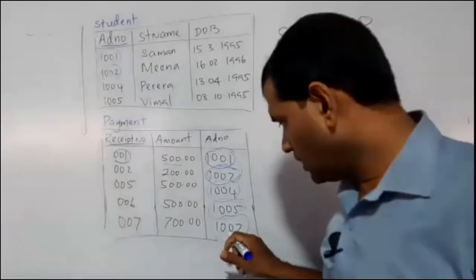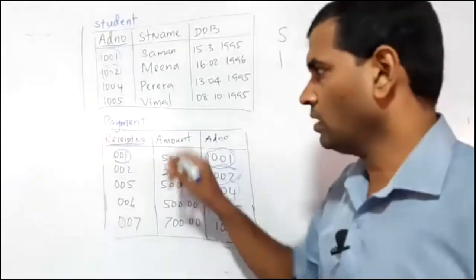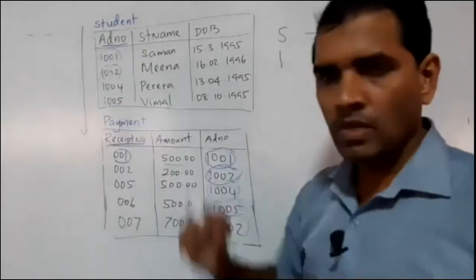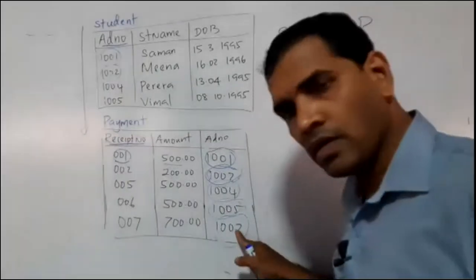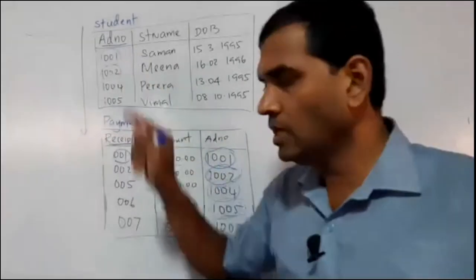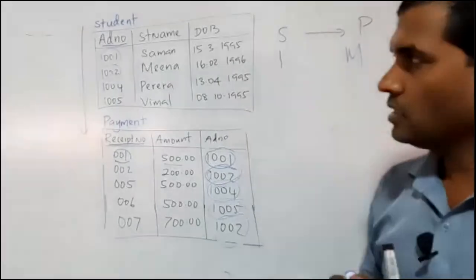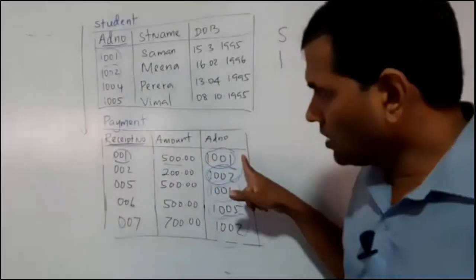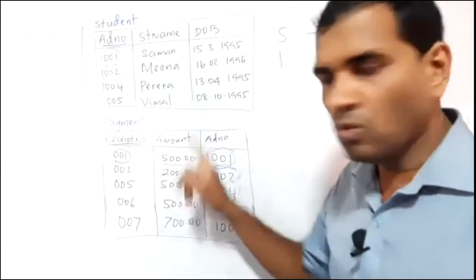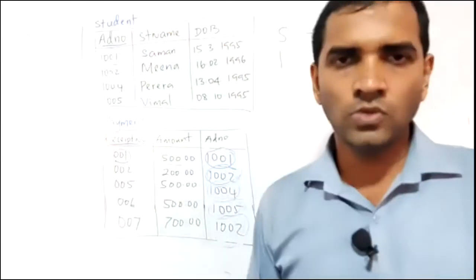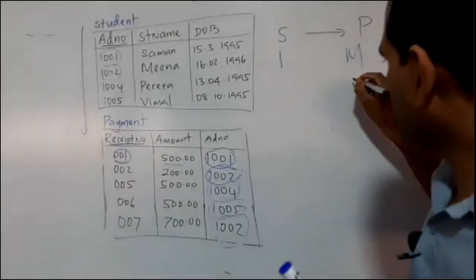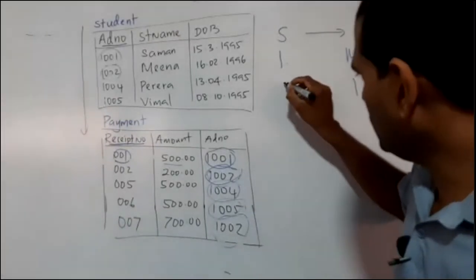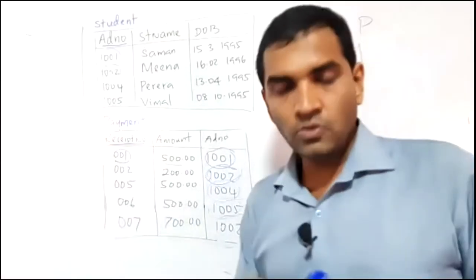So now this 1002 has only one similar data, right? I take a data here that has only one data in the student table. Which means a data in the payment table has only one data in the student table.